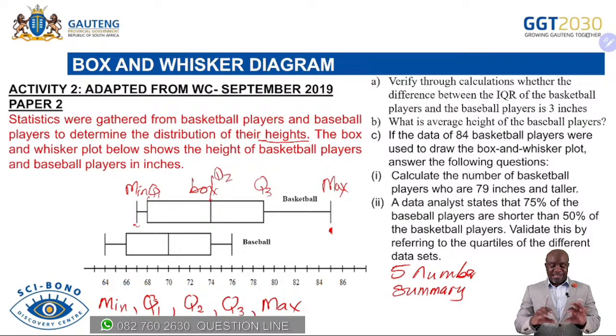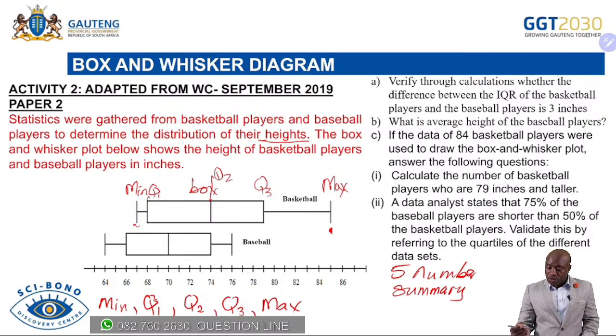So we can see the range out of the box and whisker. We can also see the interquartile range. And what else can we see? We see the median. The median is part of what we call the measures of central tendency, and it is the average, therefore.